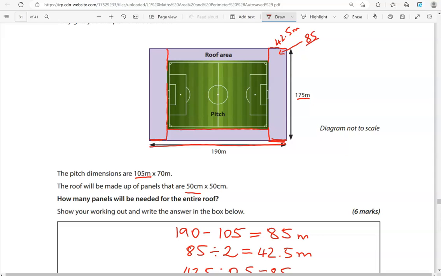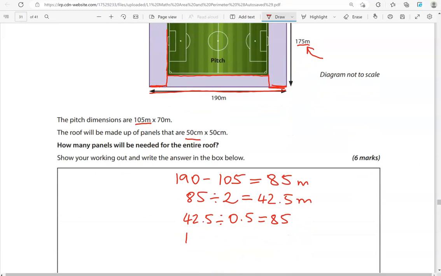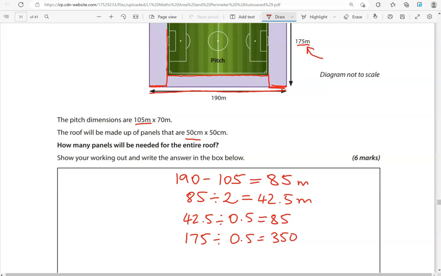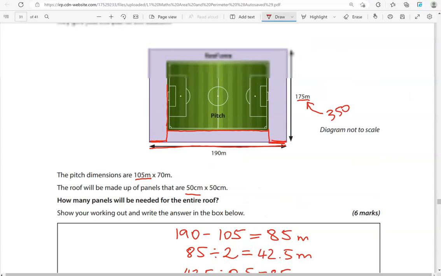panels along this width here, and along the length, let's work it out. So 175 divided by 0.5 gives us 350. So 350 along the length, 85 along the width.